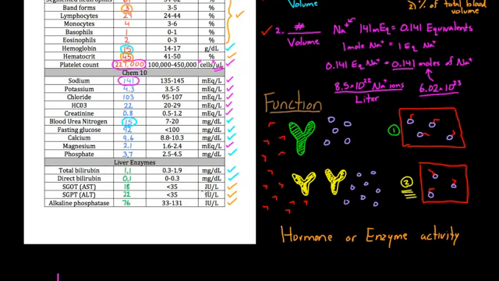So whenever you see IU or U, that refers to international units or units. So it's a way of standardizing across the entire globe, or sometimes if it's through a set of labs just in one country, how we look at the function of a certain enzyme. And so anytime you see IU over L, it's not really telling you about the amount of an enzyme, although of course you would expect that there would be some correlation, but it really tells you more about the function of an enzyme.